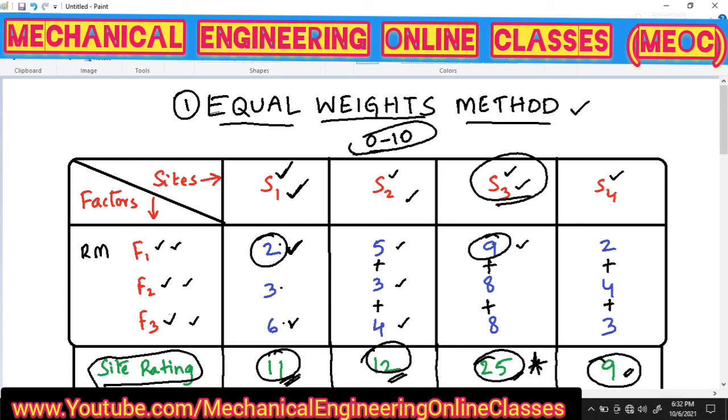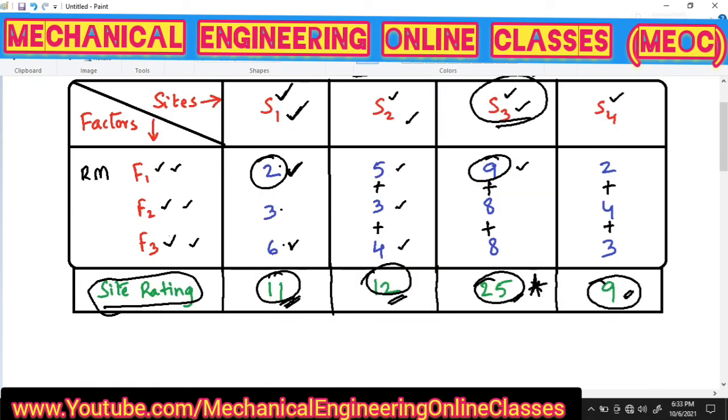So this is the exact location of our facility based on the equal weights method. So we call it equal weights because all the factors which are taken into consideration are given equal weightages. So based on this method, site 3 or S3, whose site rating is 25, is selected.